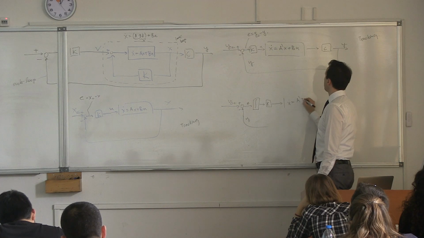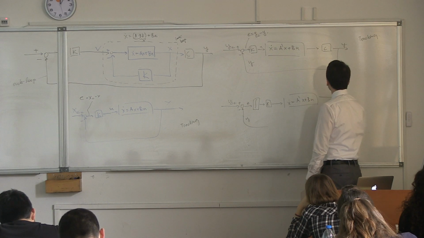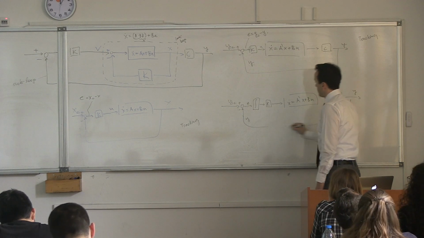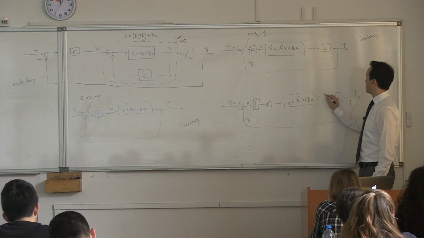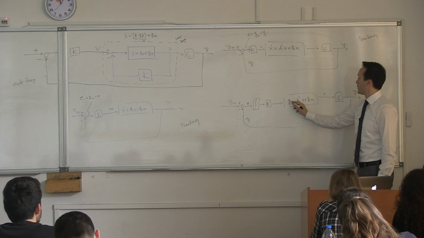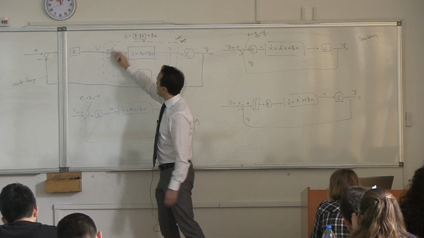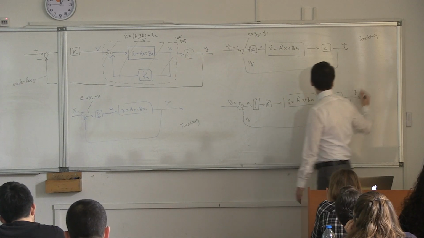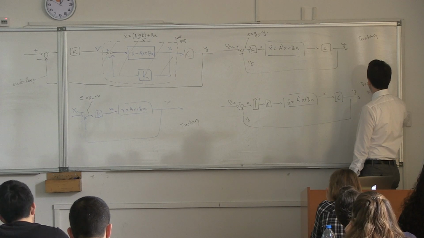X dot equals a prime x plus bu times c times y. Okay? So it will look like that. And the output would be x here. And this a prime still represents this inner loop. Okay? This is still a tracking problem. Tracking with integral.